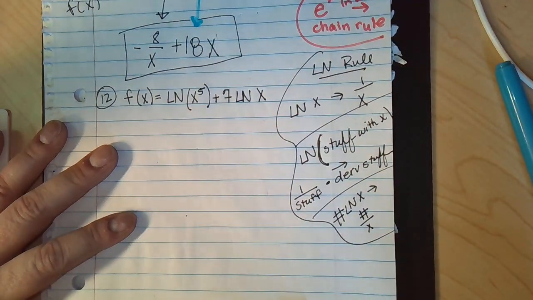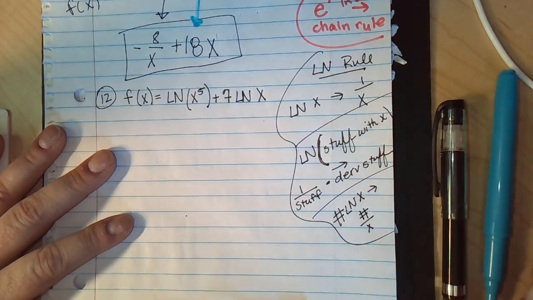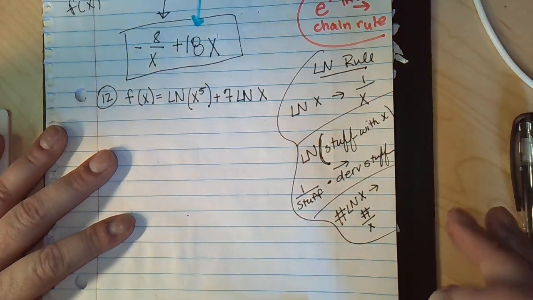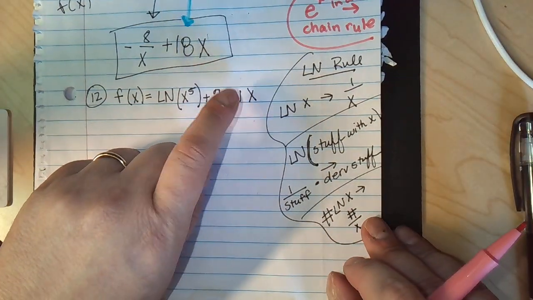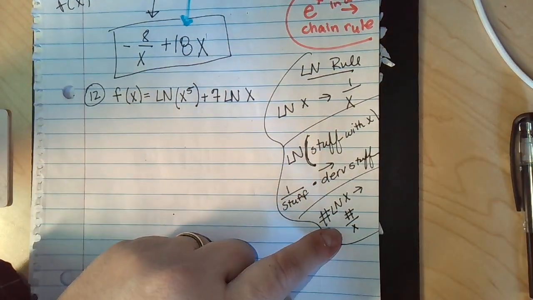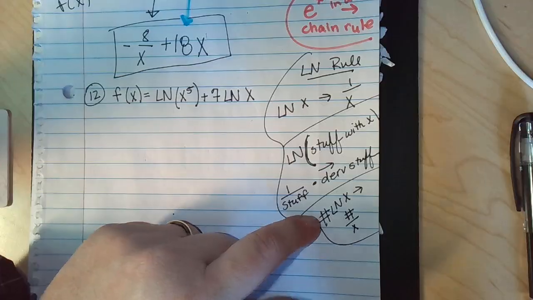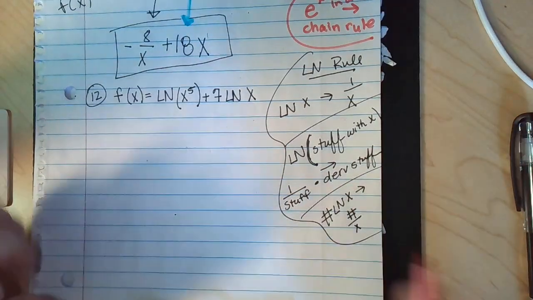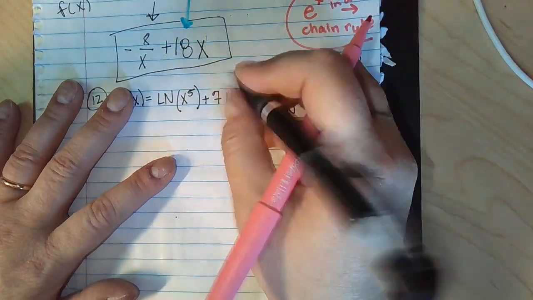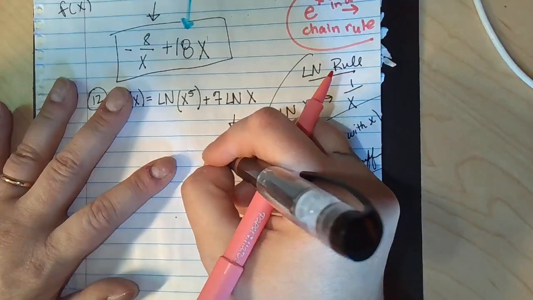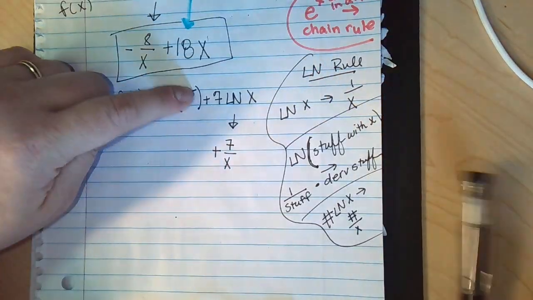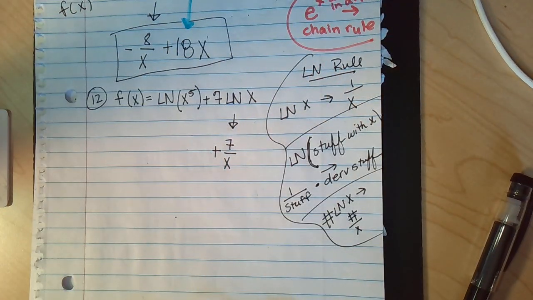All right, so let's look at this one. We have to find the derivative, and it says ln of x to the 5th plus 7 ln x. Well, this 7 ln x is this last rule that says number times ln x goes to number over x. So this becomes 7 over x, and it's plus because there was a plus.